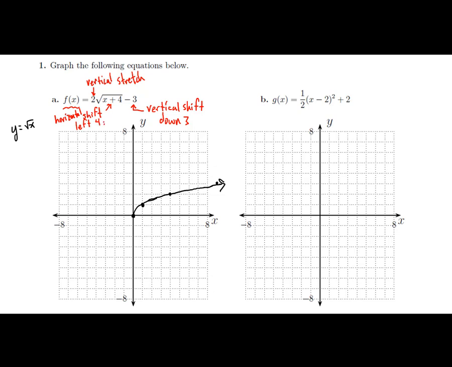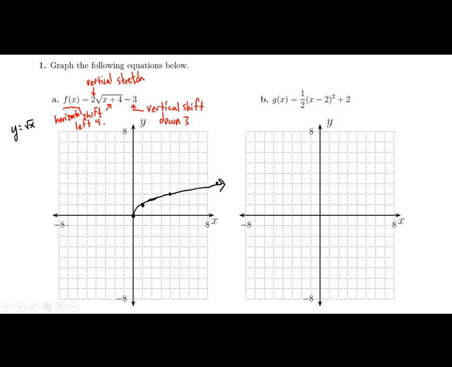4. Okay. So what I know here is that this vertical stretch is going to double all of my y values. Okay. But this vertical shift down 3 and the horizontal shift left 4 is going to change the location of this starting value, and then from there I'll follow the behavior of 2 times the square root of x.